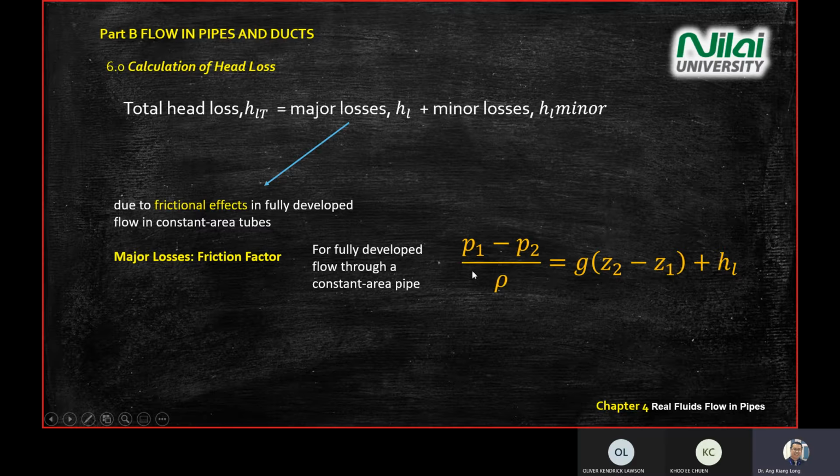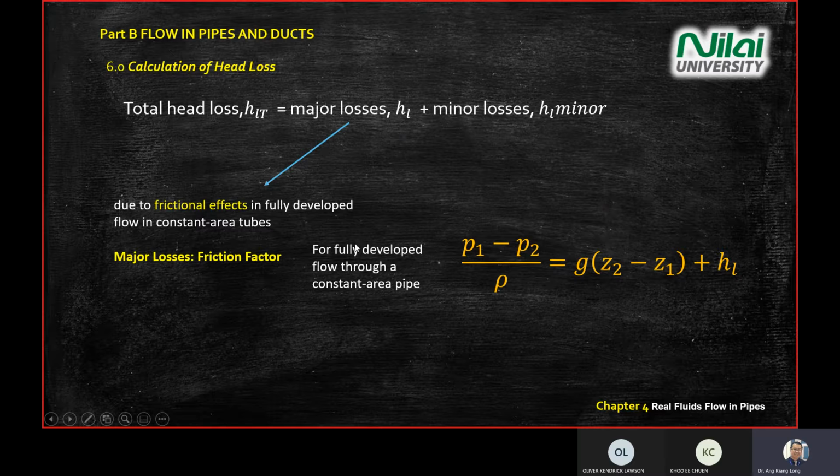This equation on the left-hand side is the pressure difference divided by rho, equal to g times Z2 minus Z1, which is the elevation difference between point 2 and point 1, plus our major loss. This is the second equation for today. The first equation is the total loss, major plus minor.